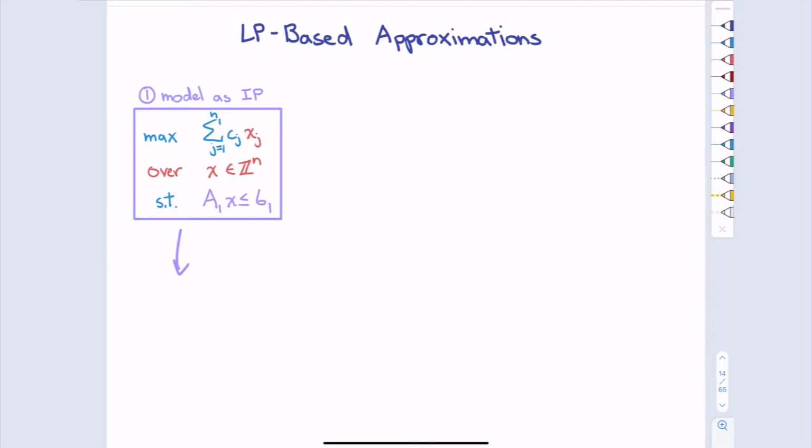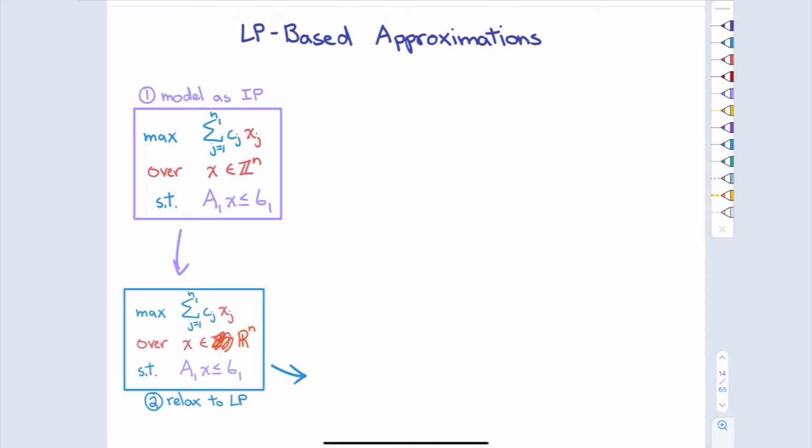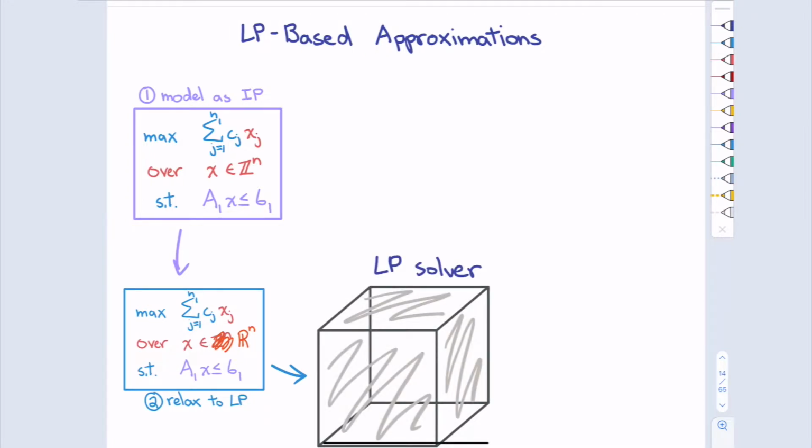Step two is to take an integer program and turn it into a linear program, which we often do very little beyond just removing the integrality constraint. Sometimes there are opportunities or reasons to do more clever things, but not today. So we'll take our LP and plug it into a black box.